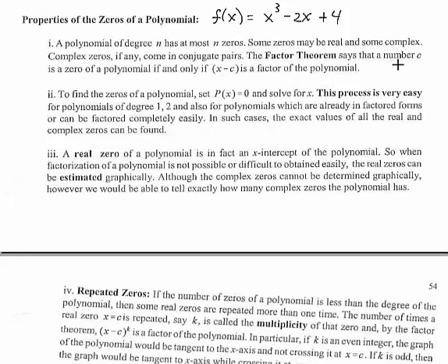The factor theorem says that a number c is a zero of a polynomial if and only if x minus c is a factor of the polynomial. So in other words, if we have the zeros x equals 2, x equals negative 3, then we can actually recreate the polynomial.